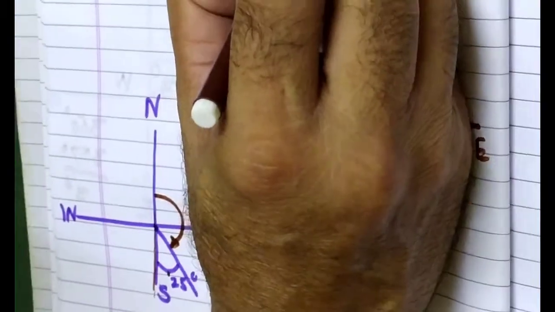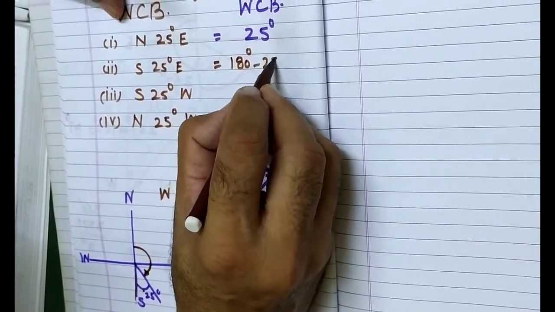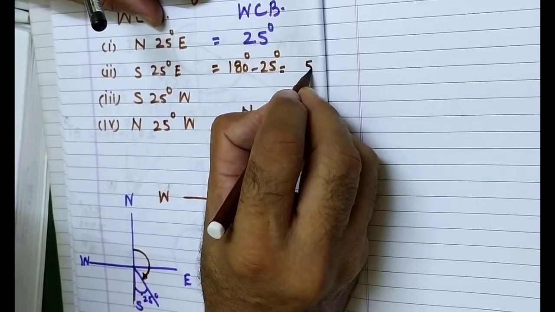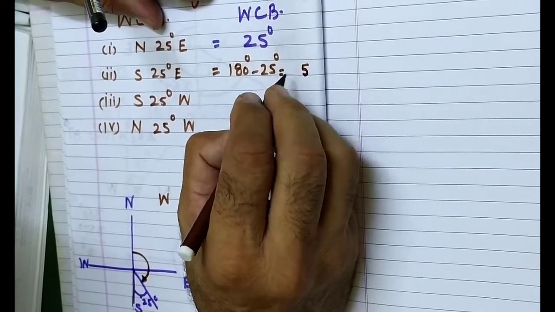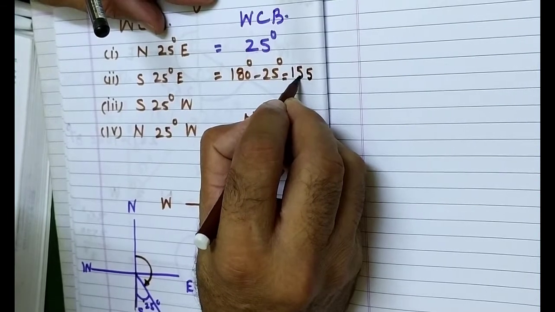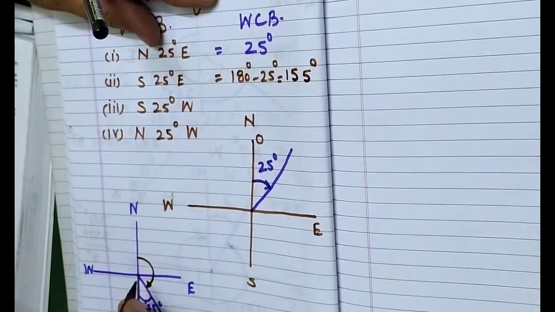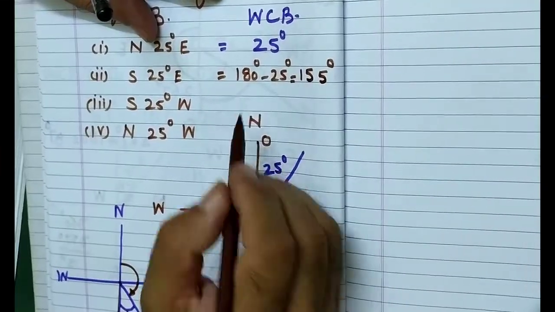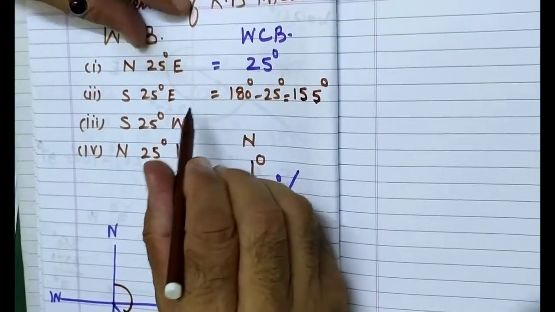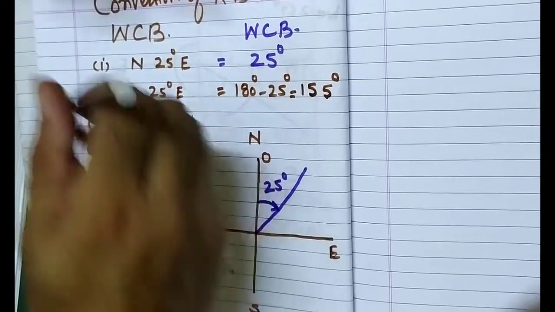So you can say 180 degree minus 25 degree. This comes to be 155 degree, the whole circle bearing of the line after conversion of this south 25 degree east.